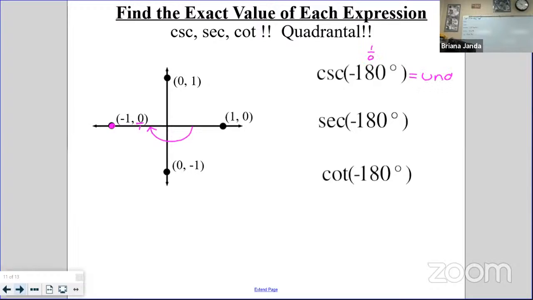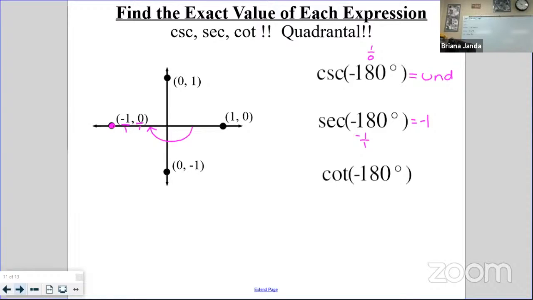Ultimately, our answer was undefined. Secant is the reciprocal of cosine. Cosine is our first value, so I would take negative 1 over 1, turn that upside down, and that is still negative 1. 1 over negative 1 is negative 1.